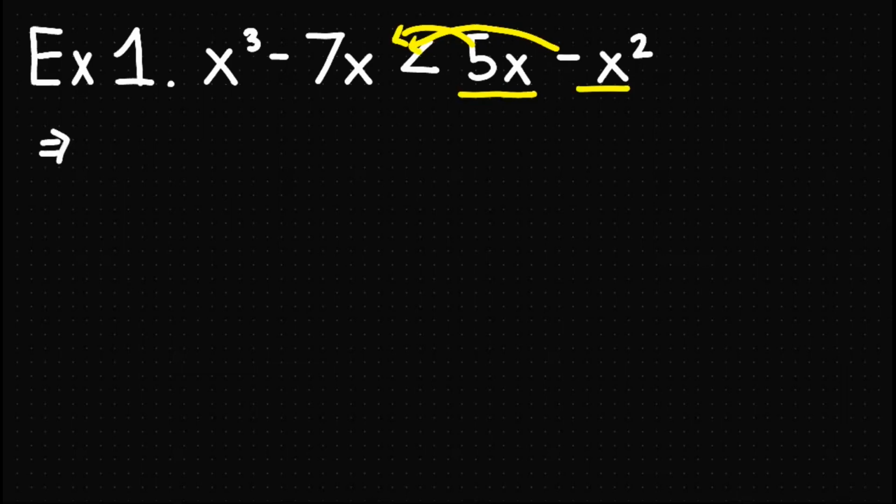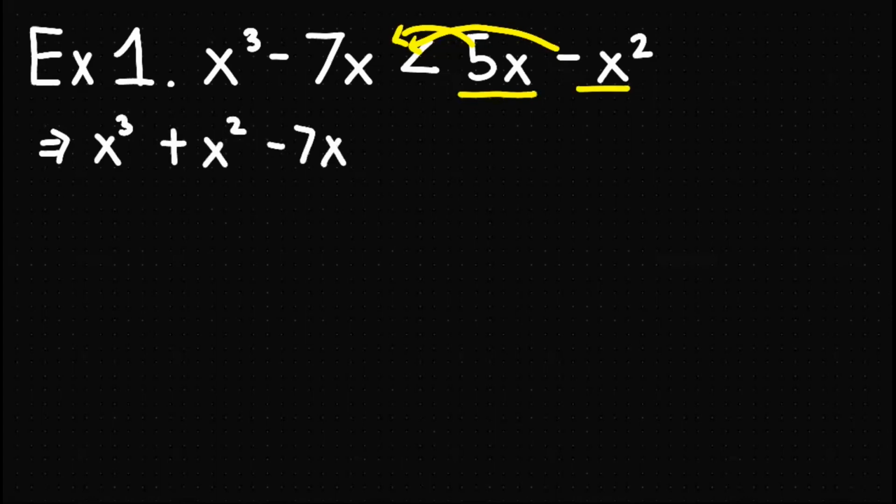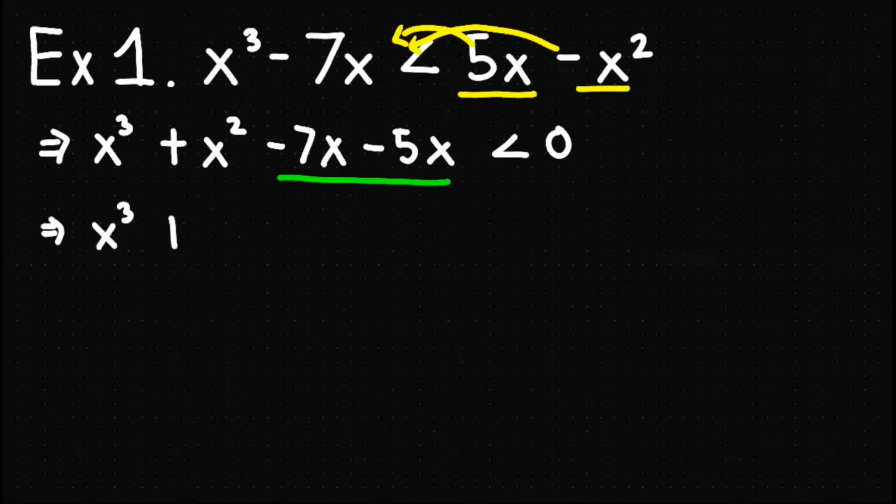So we'll have here x cubed, then we'll have the positive x squared out here, then negative 7x, and negative 5x less than 0. So simplifying this one on the left, so we combine these two, we'll obtain x cubed plus x squared minus 12x less than 0.